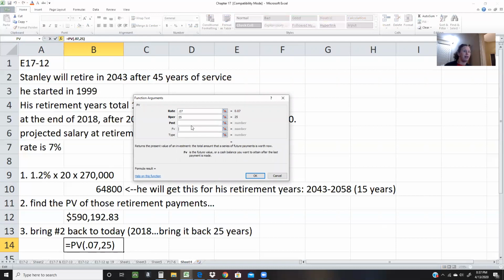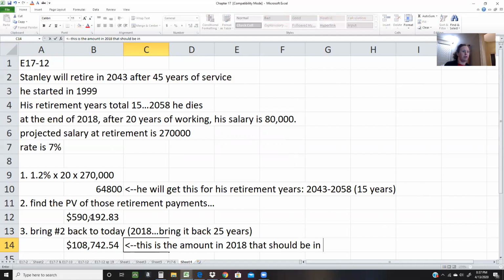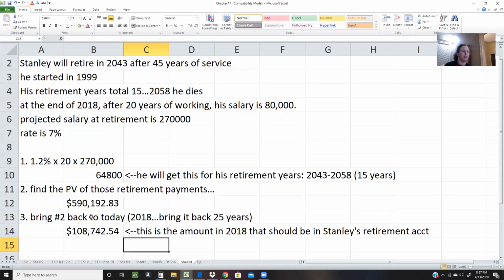It is not a payment. I'm just bringing the $590,000 back to today. So I'm going to hit negative and then click on that to bring it back to today. And the PBO is $108,742.54. So this is the PBO, the projected benefit obligation that he should have in his retirement account in 2018.